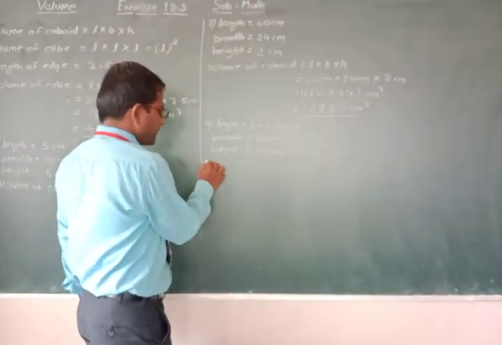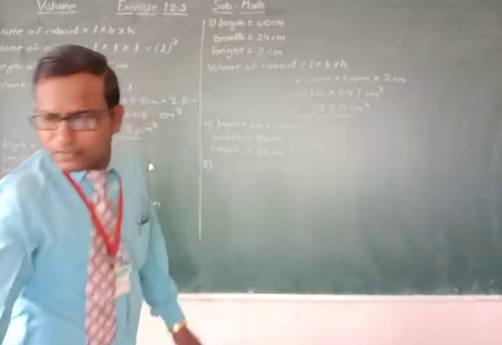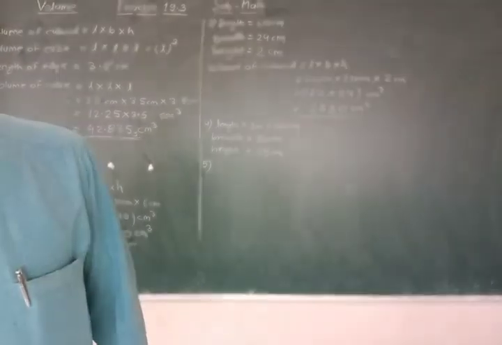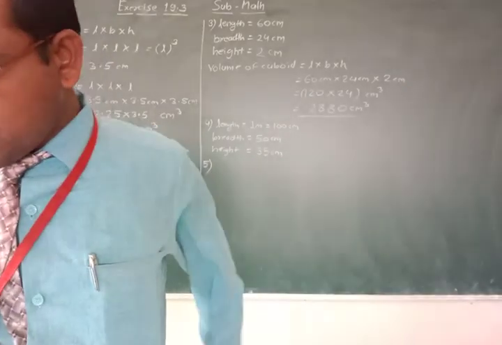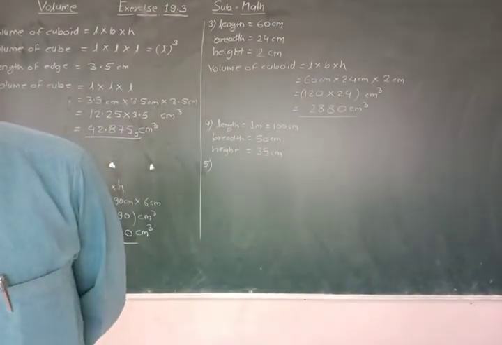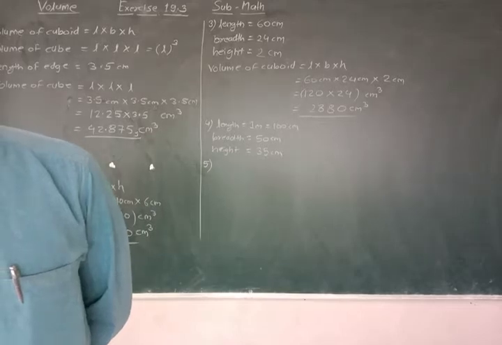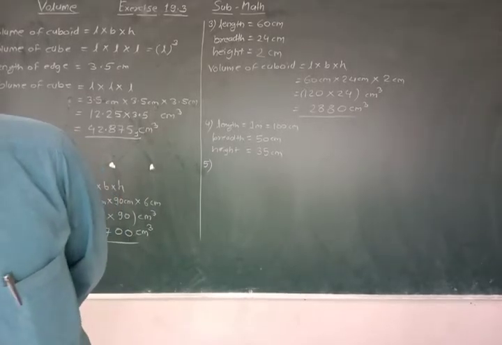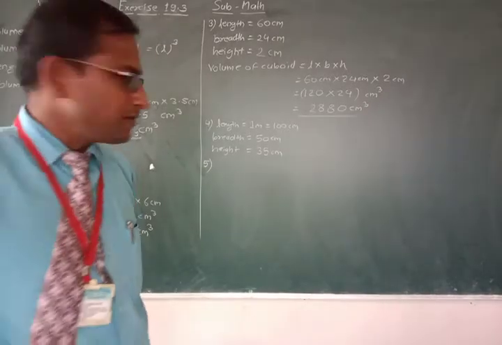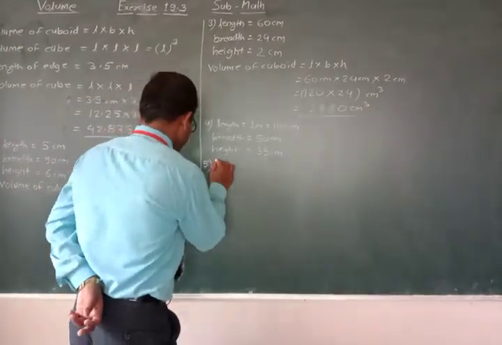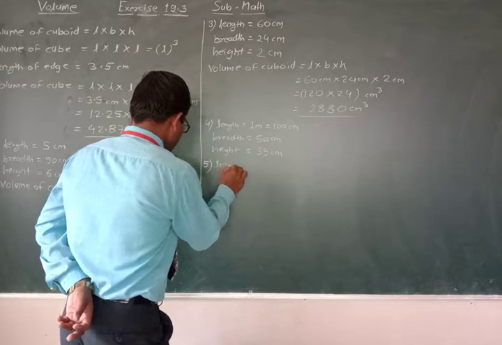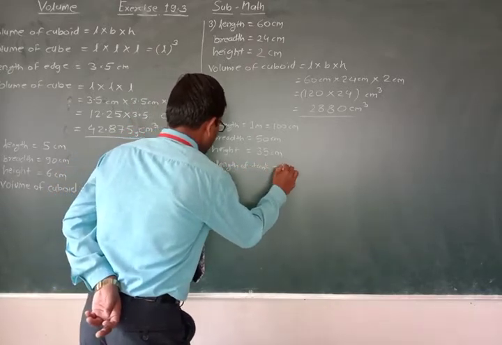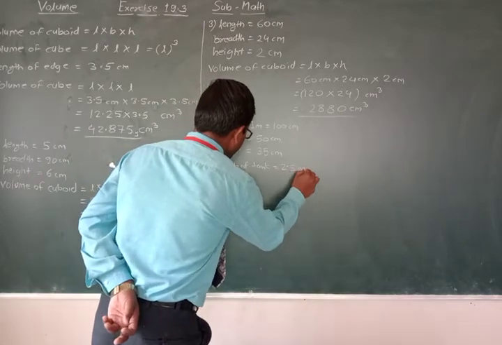Then fifth one. In a field, a water tank is 2.5 meter long, 2 meter wide and 1.5 meter deep. Length of tank is 2.5 meter.